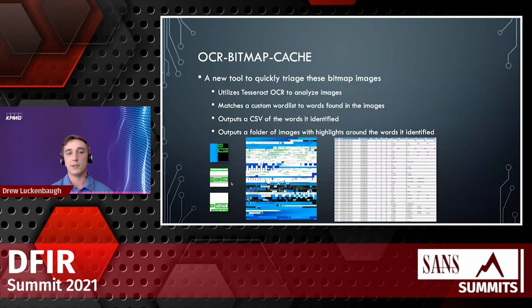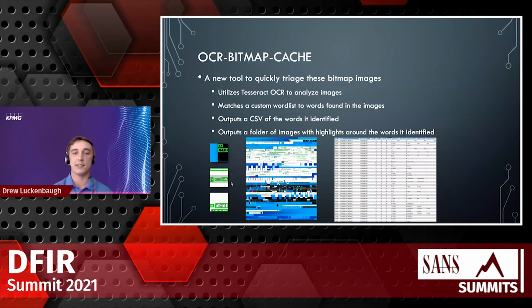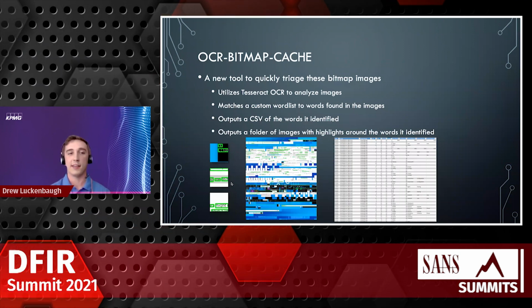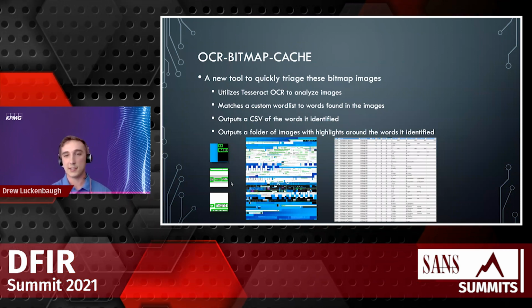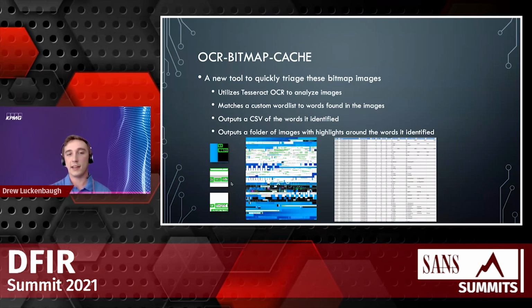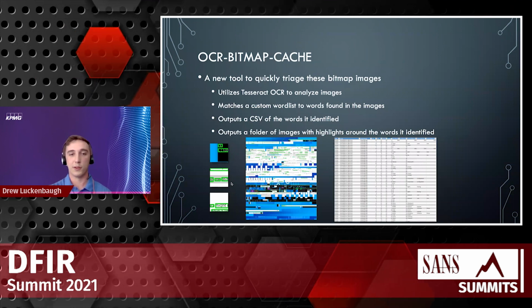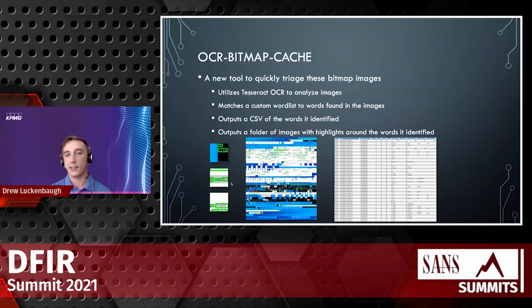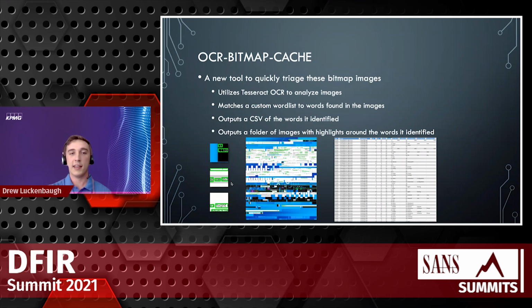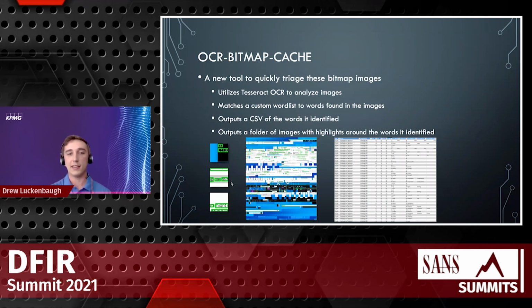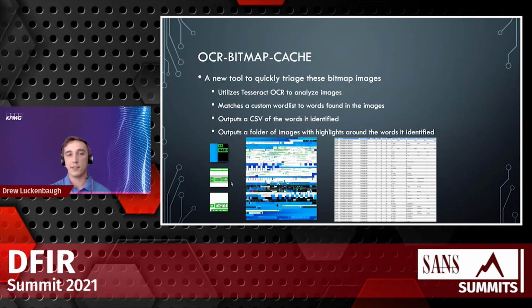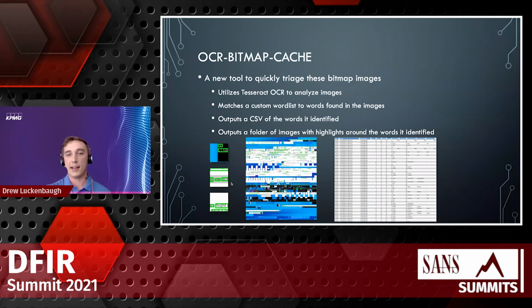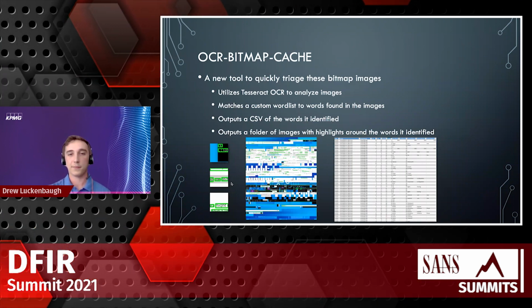To address this issue, the script intelligently matches a custom word list you provide to the identified text. Then it outputs a CSV of the text it identifies, as well as a folder of all the images with highlights around the words it identifies. This way, it doesn't overwrite any of the original bitmap images and can show you what words or characters it is and is not easily picking up on.